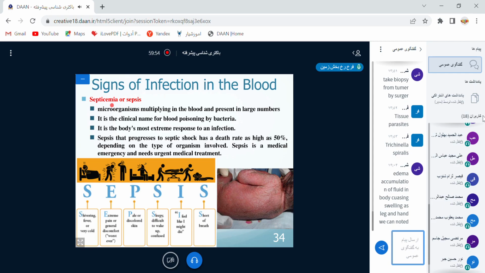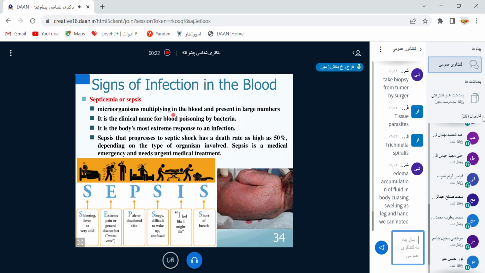Any microbe, any bacteria, any virus, any fungus, whatever, if present in the blood and can persist and can grow and can multiply, the person has septicemia or sepsis.